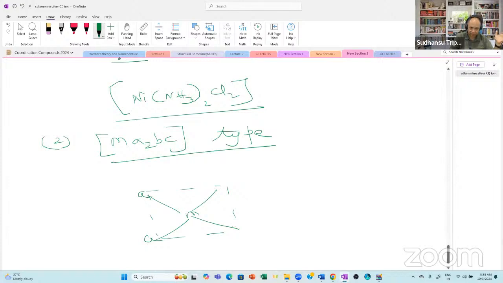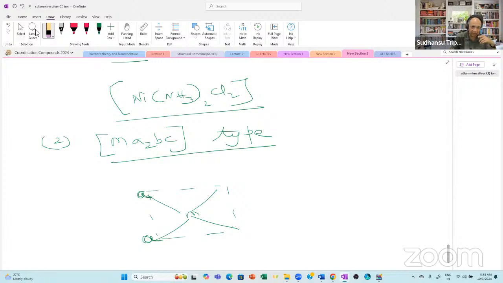In the last diagram we took AA here, but that doesn't mean that every time we'll be keeping AA here. These two positions are also cis positions, close to each other. So anywhere you can take, you can play.